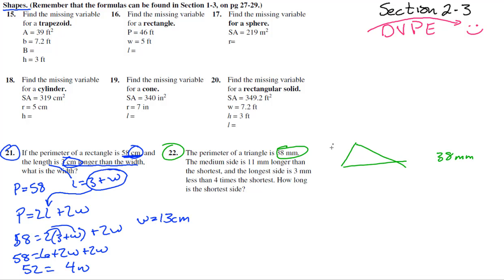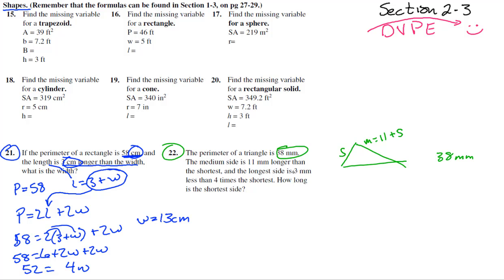There isn't a special formula to add up to a perimeter of a triangle. It's just side 1 plus side 2 plus side 3. So let's see what it has. The medium side, so this guy over here, is 11 longer than the shortest side. Okay, so that's our shortest side.